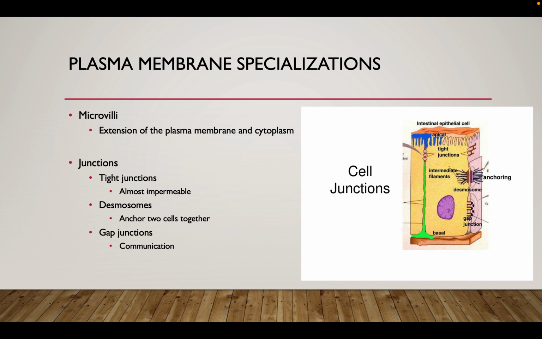Sometimes they are arranged in a zipper-like fashion around cells that hold them very tightly together to prevent things from getting through. However, a lot of tight junctions are what you can call selectively leaky, meaning that they will selectively allow certain things to pass through, but not others. So they're largely serving to keep things together.